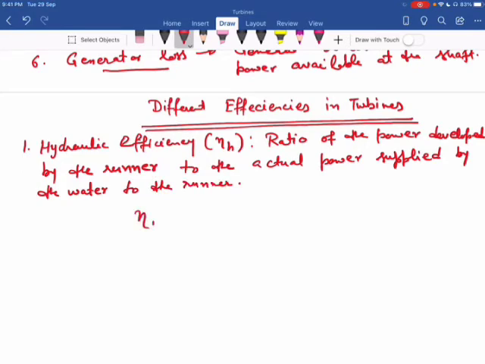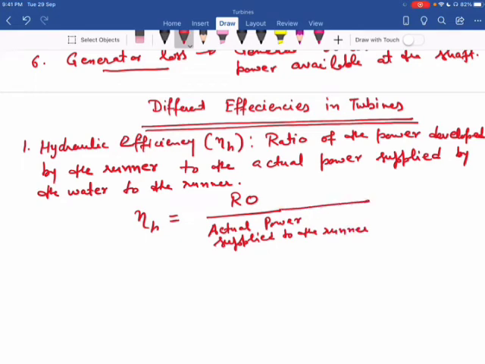So you can say eta h is the runner output divided by the actual power supplied to the runner. This is hydraulic efficiency. Now this efficiency accounts for the hydraulic losses.